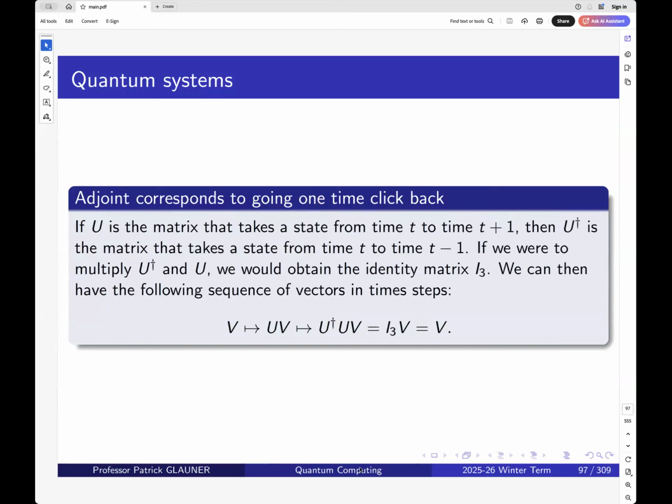Now, something very interesting will happen, and that's why we actually use the unitary matrices. Remember, we have some state V, and if we multiply V with U from the right, we have some new state, whatever we name it, but we just do one time click into the future. Now, how can I undo operations? How can I go back in time?